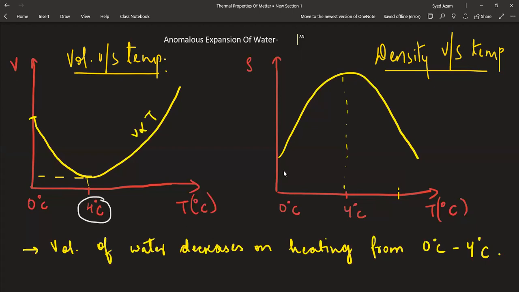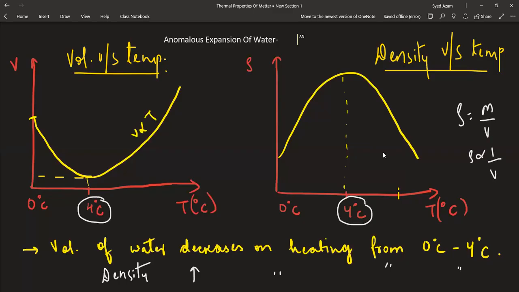Temperature keeps on increasing, but there is a maximum value obtained again at 4 degrees Celsius. So the volume of water decreases from 0 to 4 degrees Celsius, but density increases on heating. This is important to remember, because volume and density are inversely proportional. Density is equal to mass by volume, so density is inversely proportional to volume. Clear, Aleena?